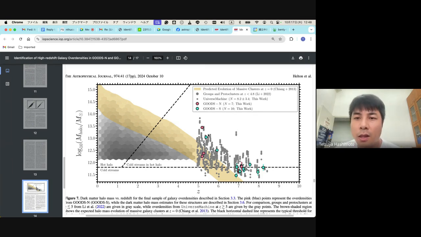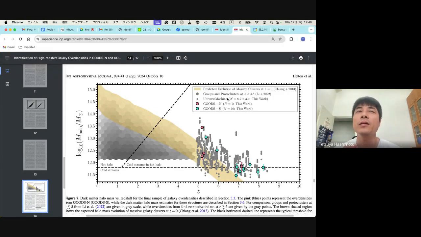And then, these gray dot ones are from UniverseMachine. Basically, this is a model. They say a semi-empirical model. So anyway, I think it's a model of cosmological galaxy formation. And then they provide this cone data. So therefore, using these galaxy models, they can do the same analysis on these simulated model galaxies.